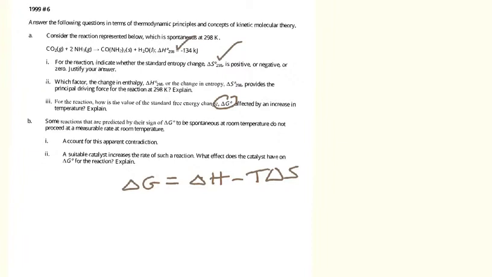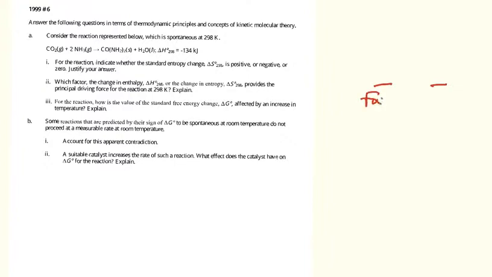We saw that delta S was negative and delta H was negative. This is favorable enthalpy because it's exothermic, and this is unfavorable entropy because it was negative. So it's definitely going to be, as we just saw, an enthalpy-driven reaction.